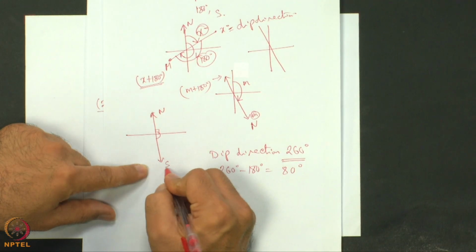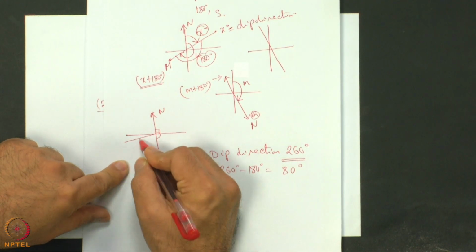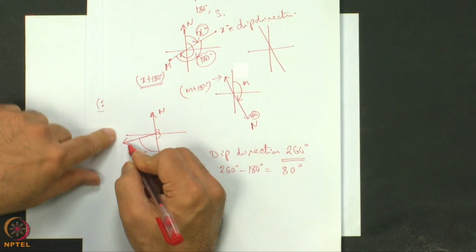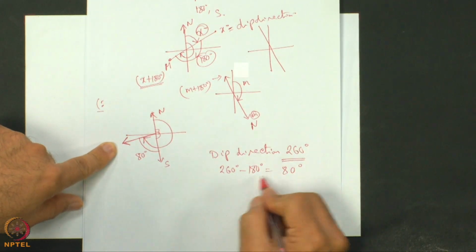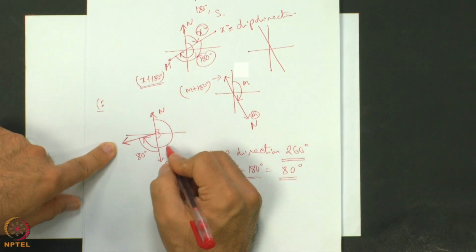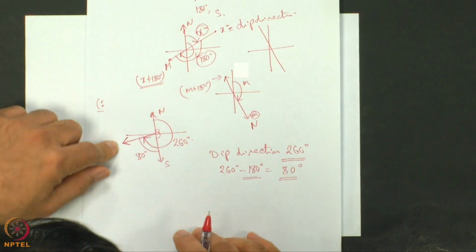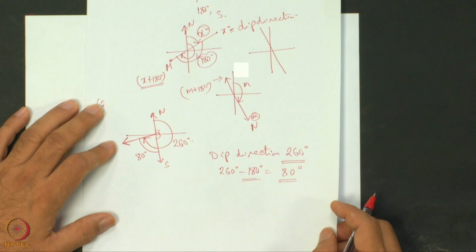So from south I can measure an 80 degree angle, and this geographic direction from north altogether is 180 degree plus 80 degree is equal to 260 degree. In this way, the dip direction has been drawn with respect to geographic north in a clockwise sense.